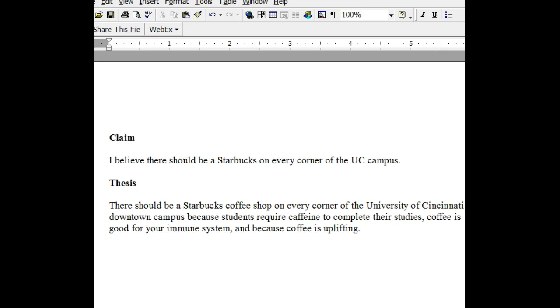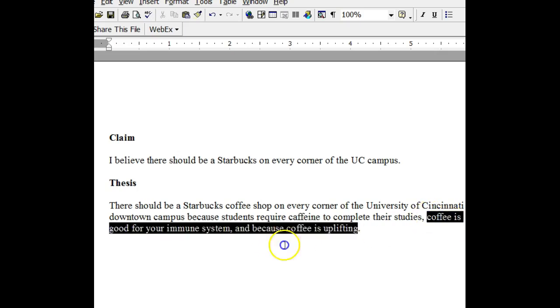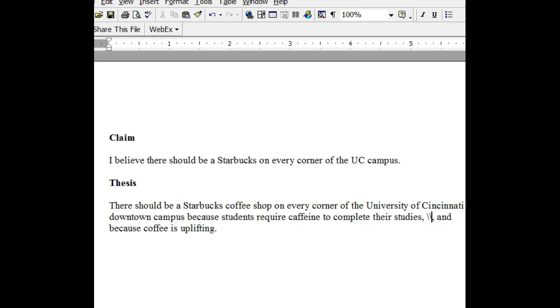Coffee is good for your immune system and because coffee is uplifting. Now, if we look at the order of these, which one of these seem like the best reason? I think coffee is good for your immune system. It actually seems pretty good.